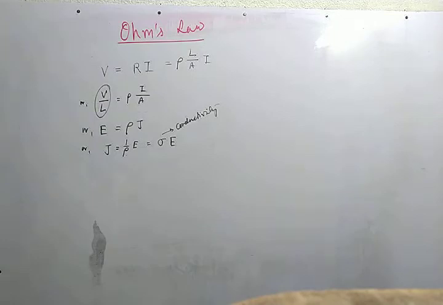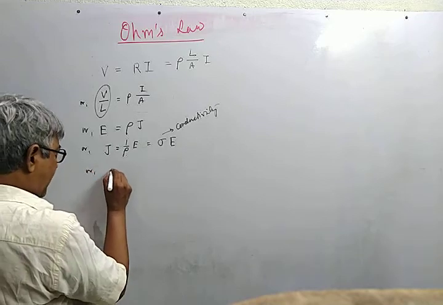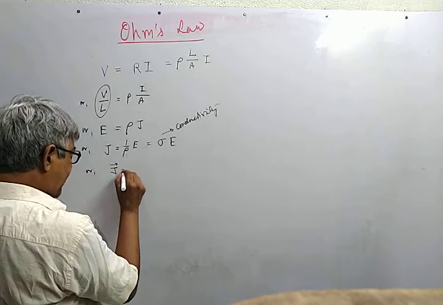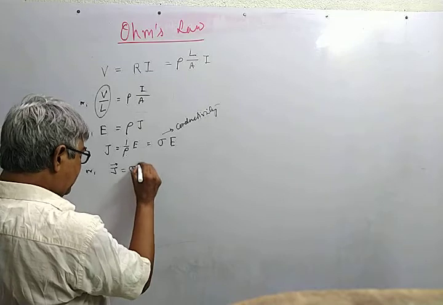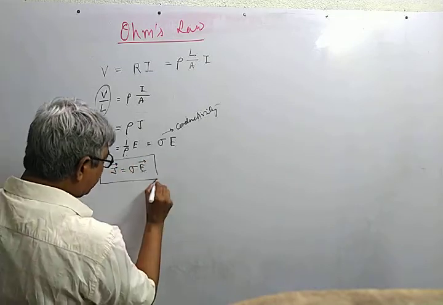The reciprocal of resistivity is known as conductivity. So this is the alternative form of Ohm's law, or we write in vector form J is equal to sigma E. So this is Ohm's law in modern language.